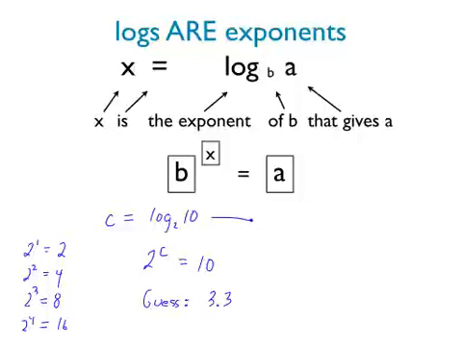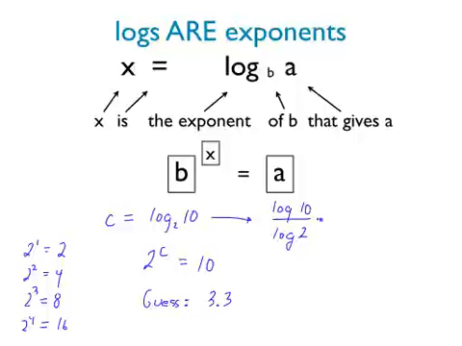Your calculator doesn't have a single button for log base 2. But it does have log base 10 and log base e. So log of 10, this is the change of base formula. It's a formula that gives you an equivalent way to write that log.